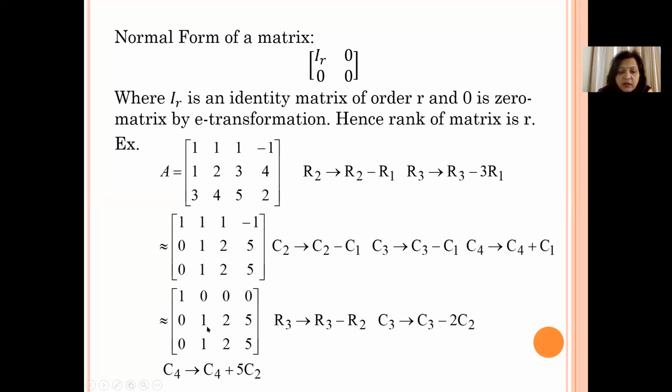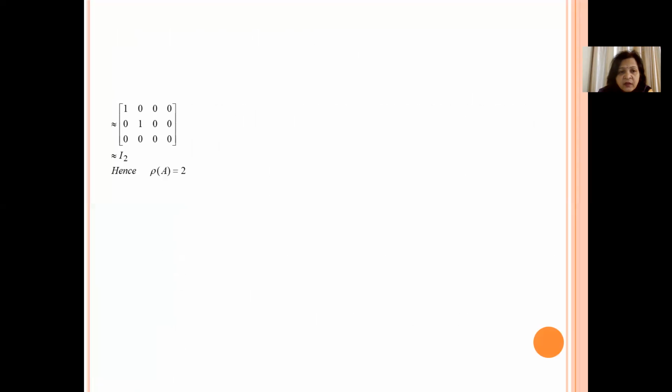Again, to transform it into a unit matrix, we perform here R3 minus R2 and C3 minus 2C2 and C4 minus 5C2. After these elementary transformations, we get a matrix of this form.